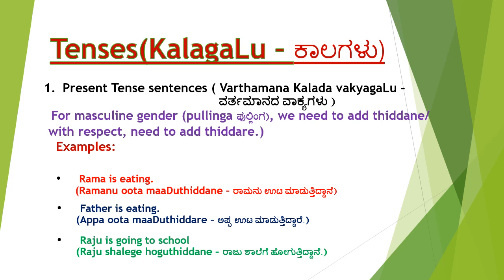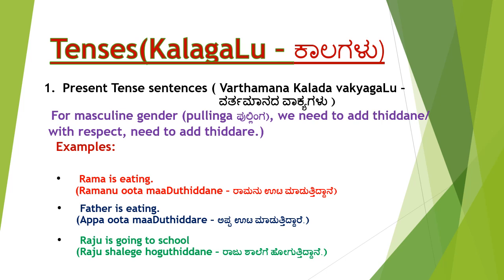So examples, Rama is eating. So I am attaching Ramanu ಊಟ ಮಾಡುತ್ತಿದ್ದಾನೆ. The suffix we are adding to the verb here is tiddane. Father is eating. ಅಪ್ಪ ಊಟ ಮಾಡುತ್ತಿದ್ದಾರೆ. So here you can see tiddare is added as a respecting sentence to the father.